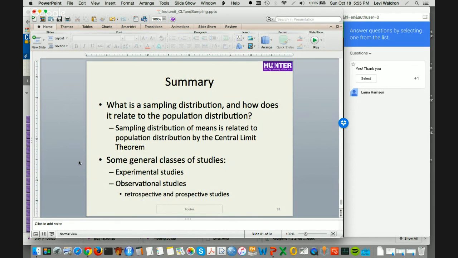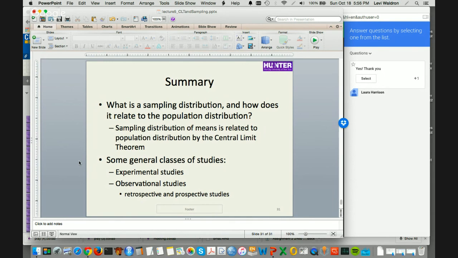Finally, wrapping up, we've covered quite a bit today. What is a sampling distribution and how does it relate to the population distribution? The key thing is that the population distribution is properties of individuals, and the sampling distribution is properties of groups.